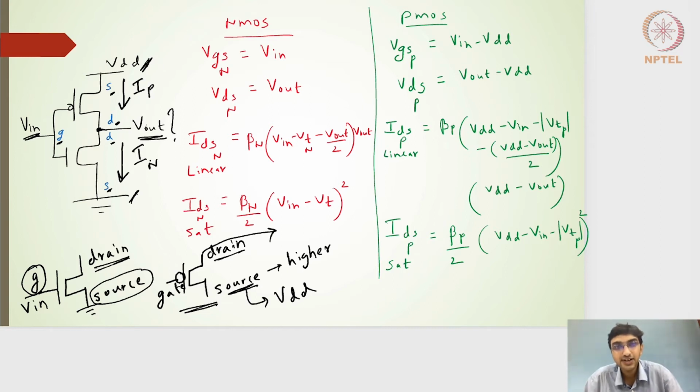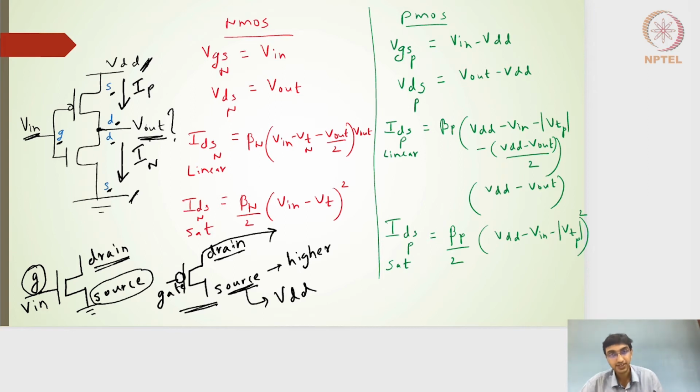And why I'm drawing the current for the PMOS and NMOS here is because both these transistors are in series and thereby this current should be the same. And if this current is the same, given an input, I should be able to write an expression for the current of the PMOS, write an expression for the current of the NMOS, equate them, and find out what is the output voltage.